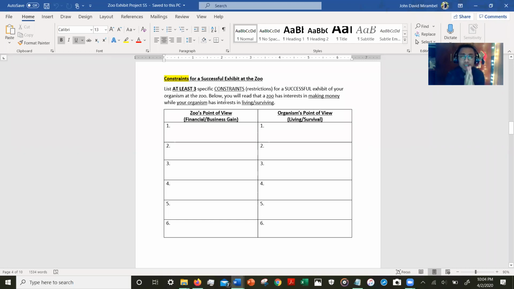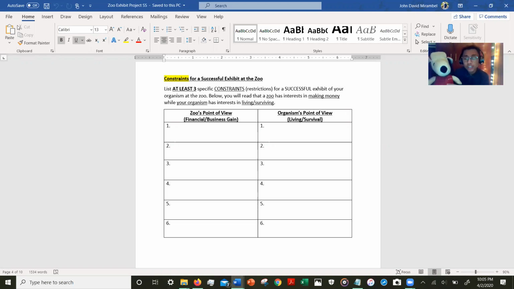Specifically, let's first talk about the constraints from the organism's point of view. In the last two videos, I made Snoopy the model for the organism, and for our example, he is a Chihuahua. One of the constraints Snoopy has from achieving one of his criteria is that he has a very selective diet.